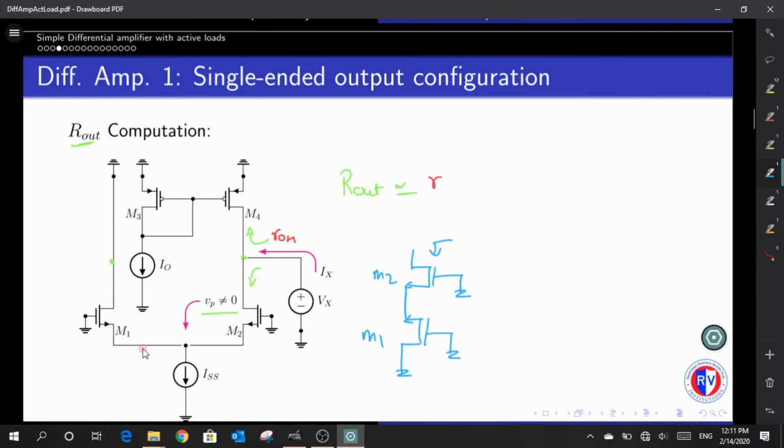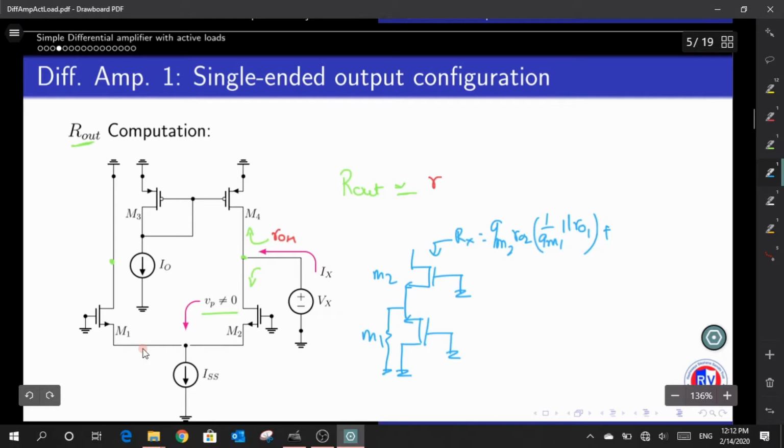So we went on with a bigger expression. Let me label this as Rx. Whatever impedance I see here would be magnified by the intrinsic gain of M2. So the impedance across the source of M1 could be written as 1 by GM1 parallel with RO1, and this was being magnified by GM2 RO2, and along with it we also have a resistance RO2 plus this quantity.